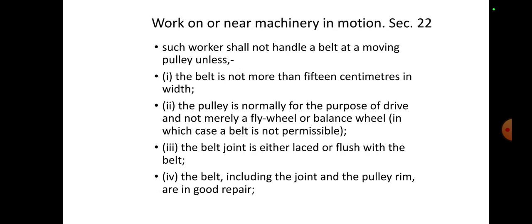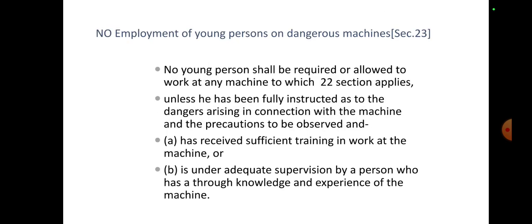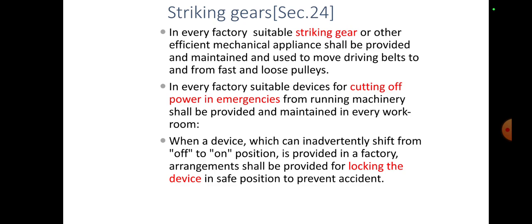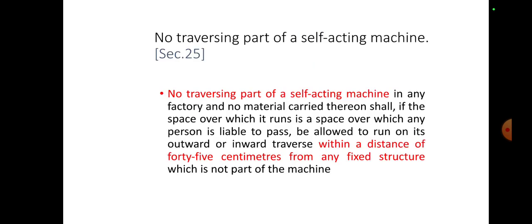And employment of young persons on dangerous machines under section 23, because the occupiers have some necessary obligations while employing the workers. They have to look at their age and how many different workers have been employed as adults or as adolescents or young persons, that has to be taken care of. And again persons working with striking gears, then no traversing part of self-acting machine.